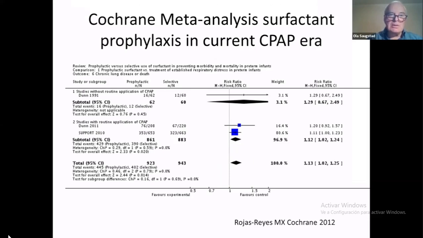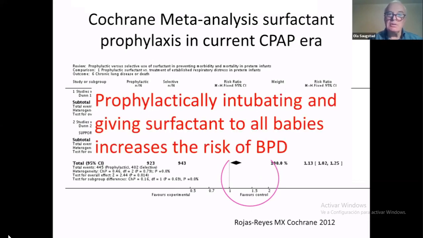And here is the same study, but the outcome here is mortality, and again you see that there is an advantage to delay the surfactant instillation until there is an indication. So this is our recommendation: prophylactically intubating and giving surfactant to all babies increases the risk of BPD.